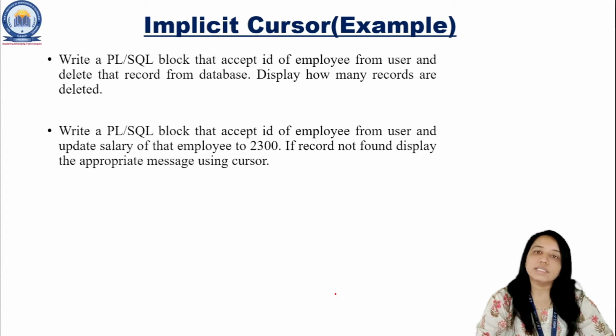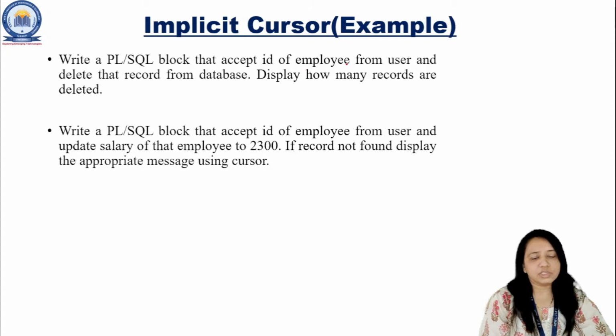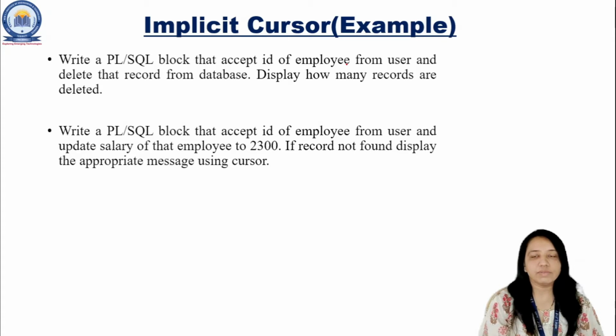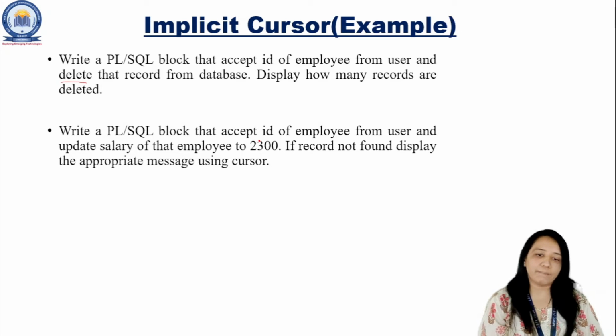So in this way you can use an attribute with the implicit cursor. Now we'll see some examples of implicit cursor. The first program: write a PL/SQL block that will accept the ID of an employee, assuming we have an employee table, and delete that record from the employee table. Then we'll display how many records are deleted.